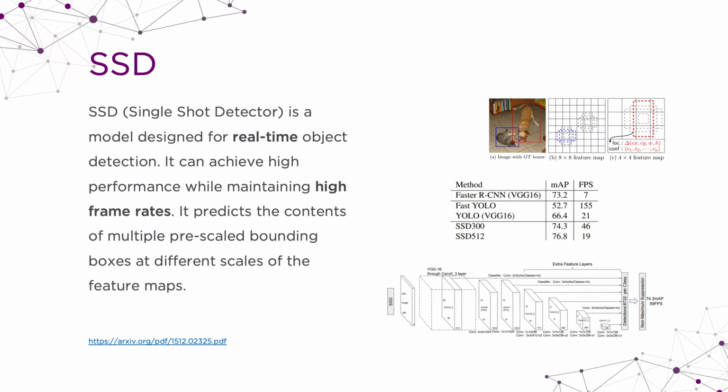And you can see that SSD, compared to faster RCNN, achieves comparable, if not sometimes better, metrics with much higher frames per second. So again, after these main networks that came out doing object detection, now there was this race as to how can we make these models perform better or just as well while using a lot less resources and being a lot faster.